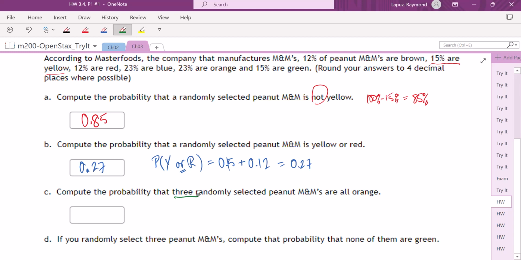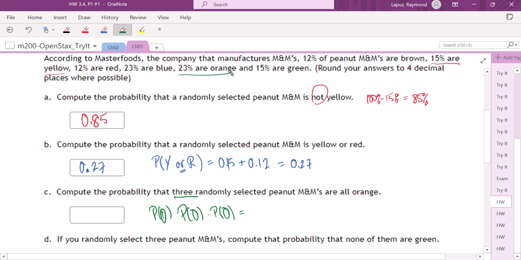So the probability that we get an orange in our first pick times the orange in the second pick times the probability of getting orange in a third pick is just going to be a multiplication rule. And since we're assuming we're doing this with replacement, then it's just a matter of computing the probability that we get an orange. So this is 0.23, and then we're not counting anything out.